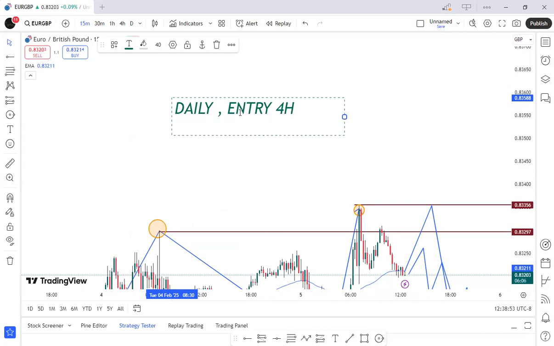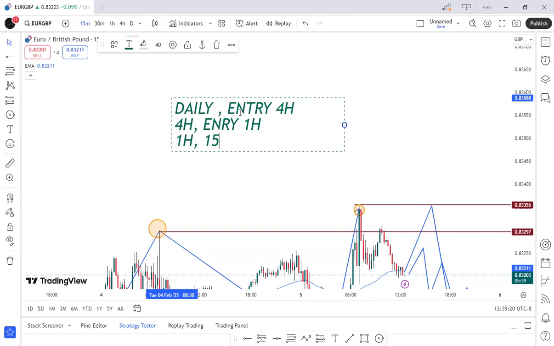Then if you're analyzing with the 4 hours time frame, the entry should be 1 hour. You should take 1 hour as your entry zone. If you're analyzing with the 1 hour time frame, your entry should be 15 minutes.